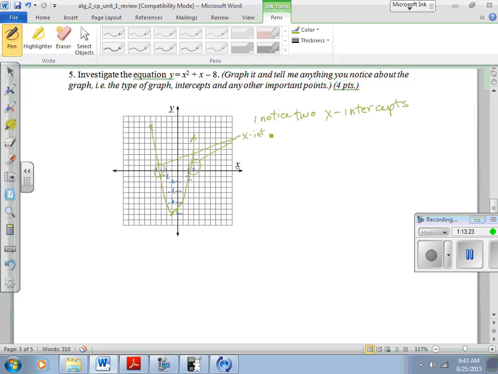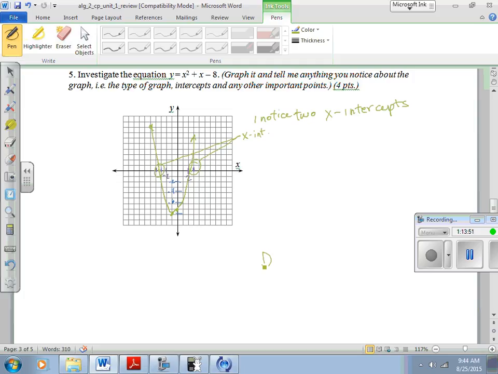What else do you notice? Can we list the domain? Yeah, you can list the domain. I'll put that over here on the bottom. I want to list anything that touches the x, y axis and the vertex first, since I already started it like that. But you could have started with the domain.